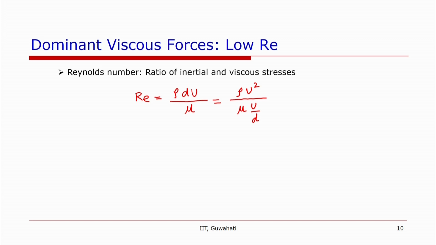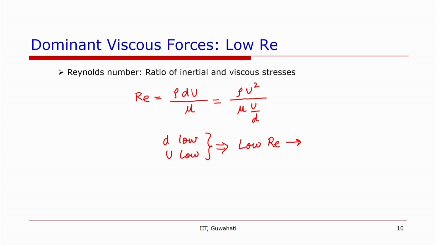So, the ratio of rho u square and mu u by d is the Reynolds number, and at low length scale the d is low. In microchannels the d is low, and the velocity will also often be low. So, we will have low Reynolds number.